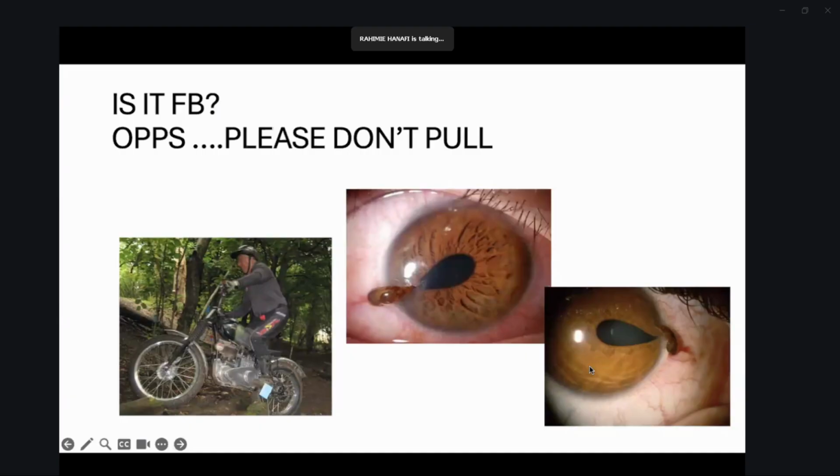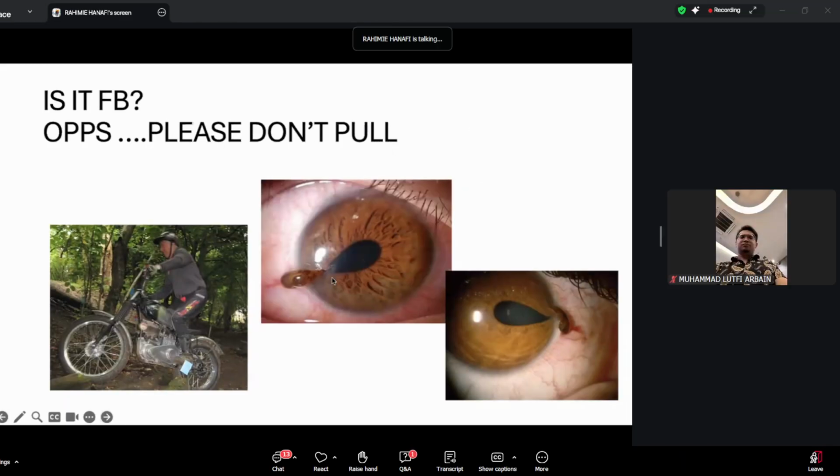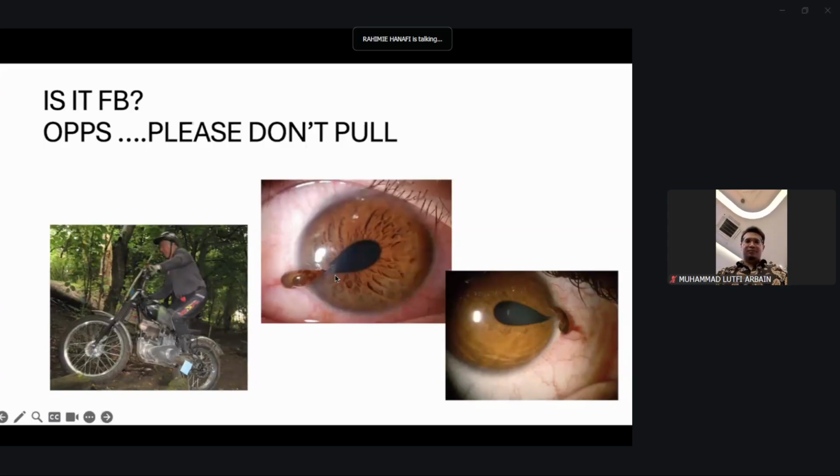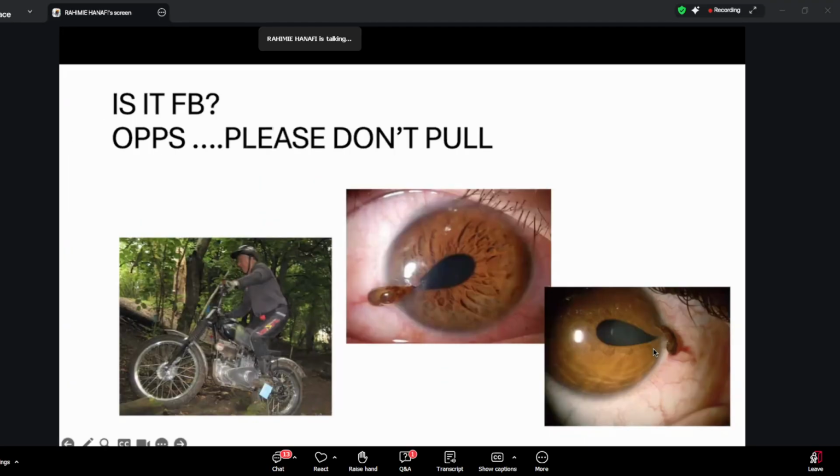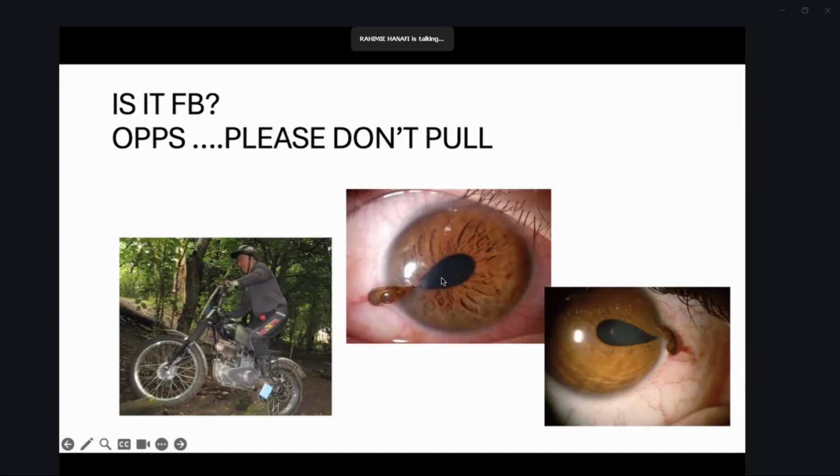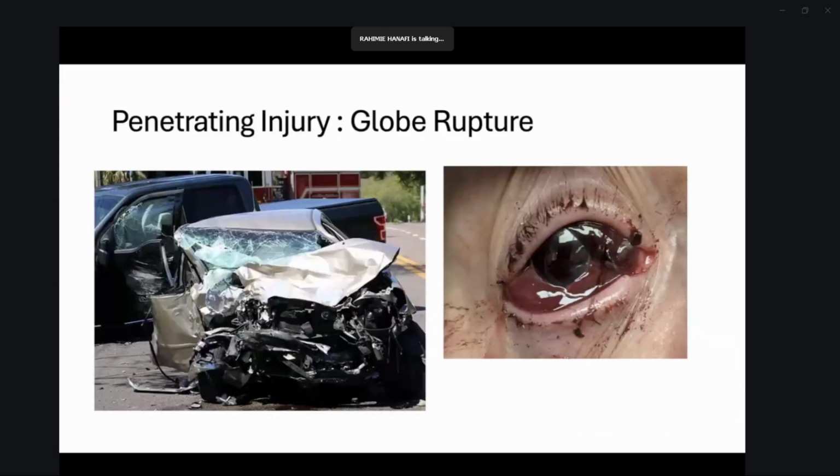Like both of these photos, it shows that it's not even a foreign body. It is the iris that prolapsed through the corneal laceration or limbal laceration. That's why we can see that the pupil is distorted, an oval shape like that. So please don't pull, put the eye shield and refer to ophthalmology.